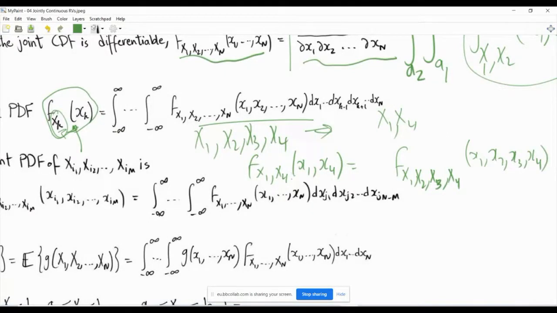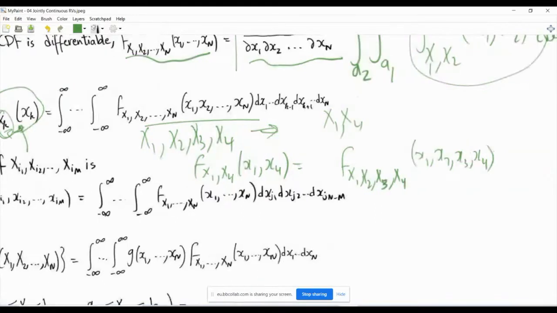You are interested in x1 and x4, so you integrate with respect to the other ones, x2 and x3, and you do so from minus infinity to infinity. If your random variables are non-negative, then you integrate from 0 to infinity and so forth. But generally you will integrate from minus infinity to infinity.